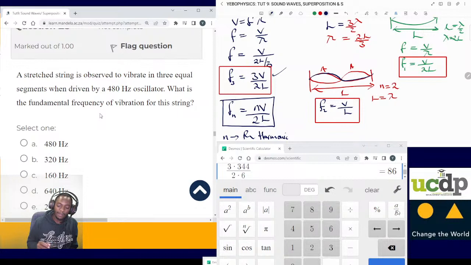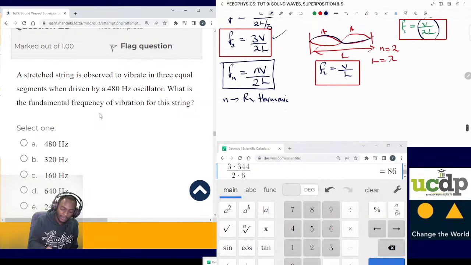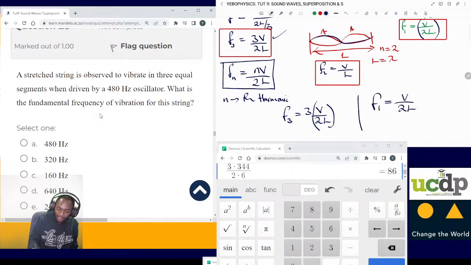So if you look at the fundamental mode, our fundamental mode is V over 2L. Which means F3 is equal to 3V over 2L, and F1 equals V over 2L.